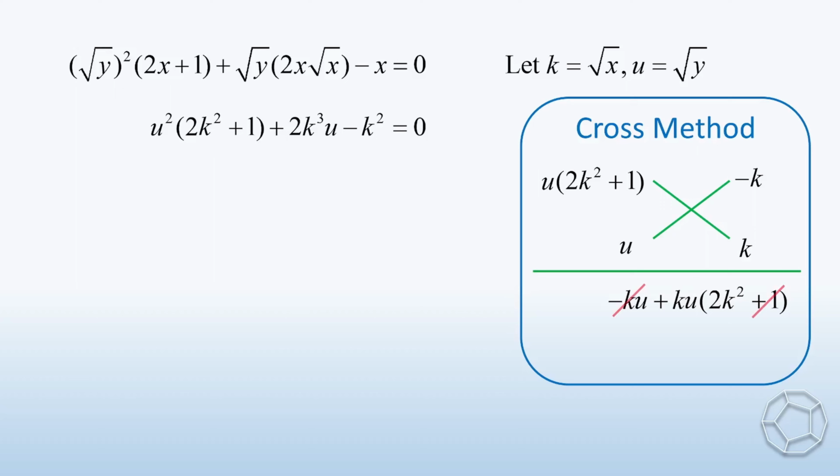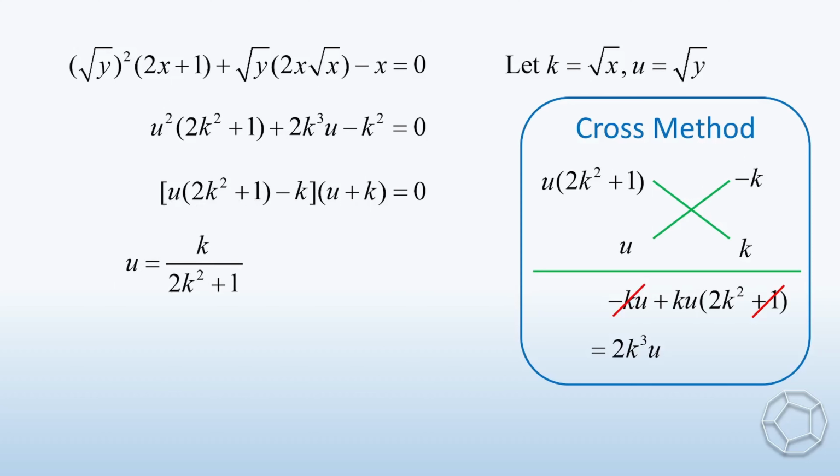The two terms ku can be cancelled out, so the sum is equal to 2 times k cubed u, which is exactly the same as the middle term in the equation. Therefore, it can be factorized as u times bracket 2k squared plus 1 minus k times bracket u plus k is equal to 0. That is, u is equal to k over 2k squared plus 1, or u is equal to negative k.